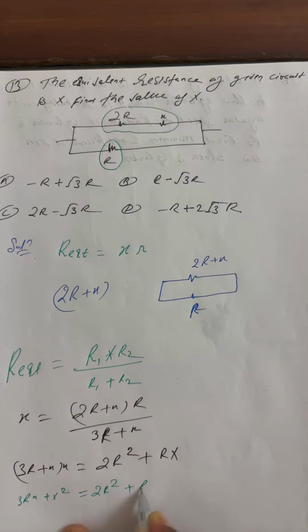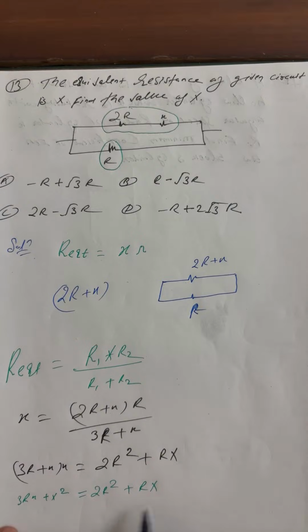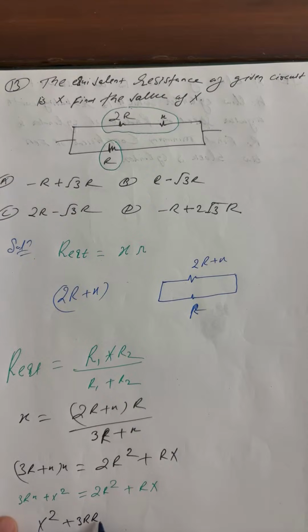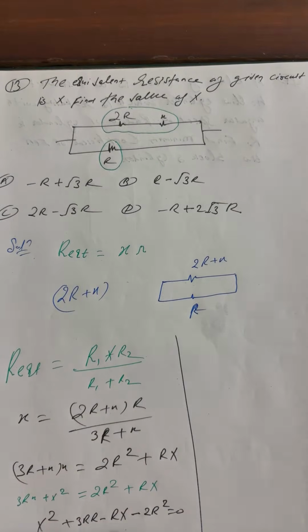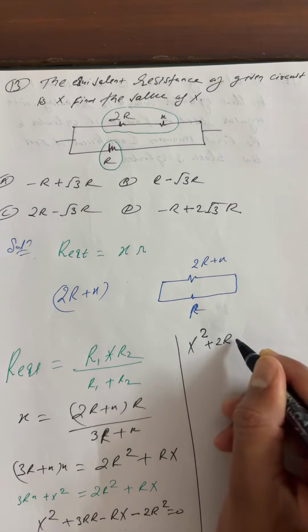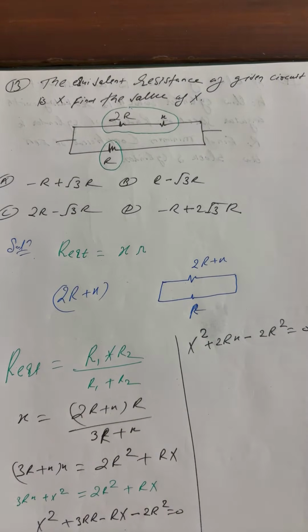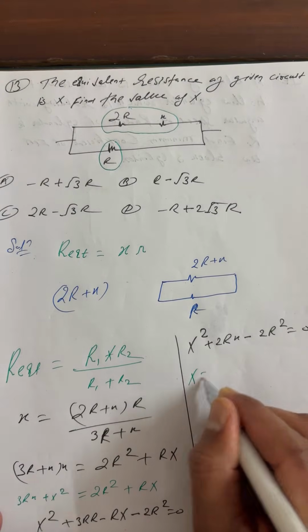This is X square plus 3RX minus RX minus 2R square is equal to 0, beta ji. Now just do further, student: X square plus 2RX minus 2R square is equal to 0.